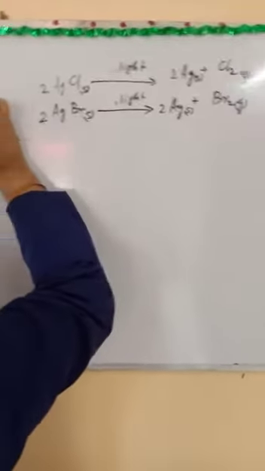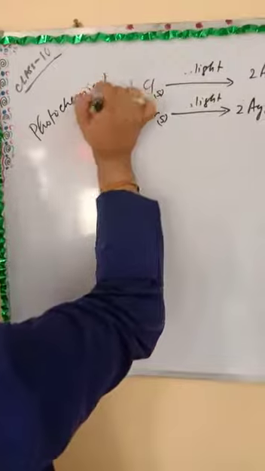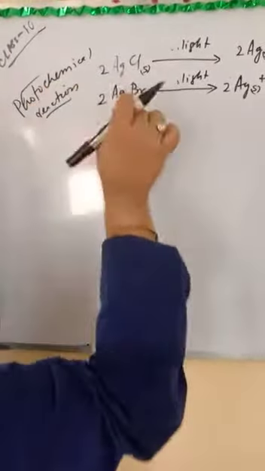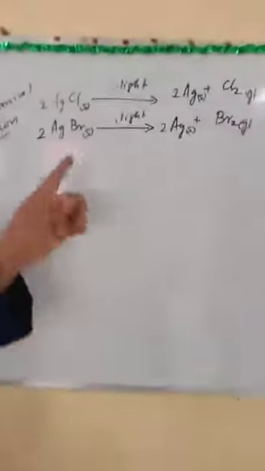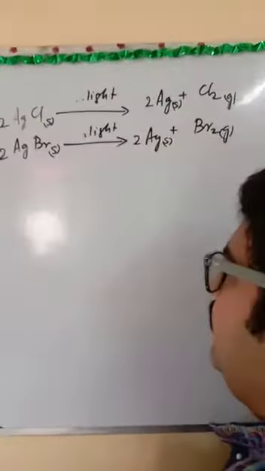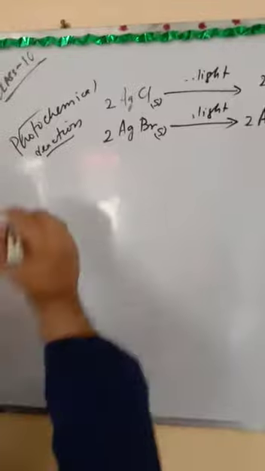So these are the examples of photochemical reactions. For the sake of your exam, do keep these equations in your heart, because you may get one of the examples in the exam. I hope you may get this this year, because for a long time they have not been asking these things.